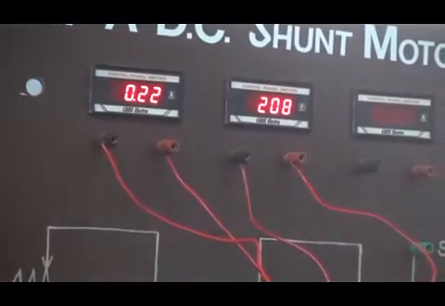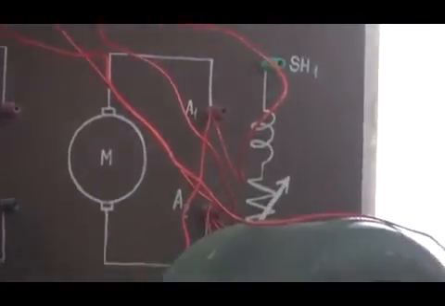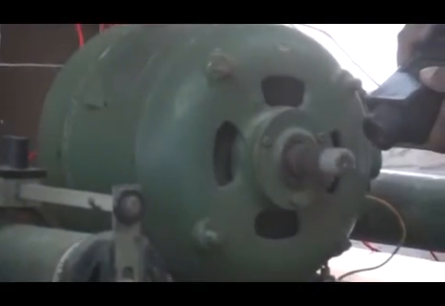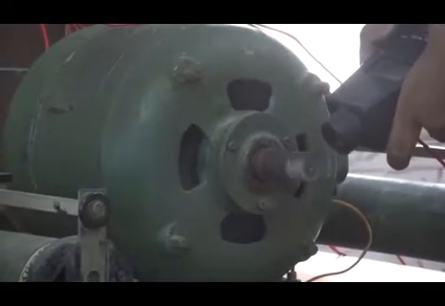The armature voltage is now 207 volts approximately. Resistance has been set to approximately 60 ohms. The speed now is 1728.